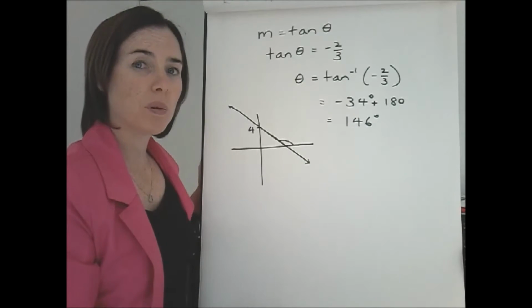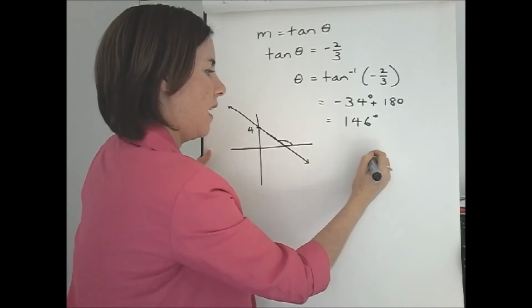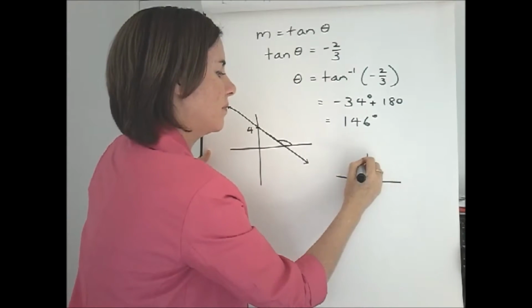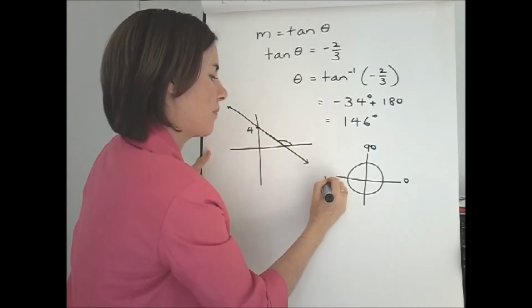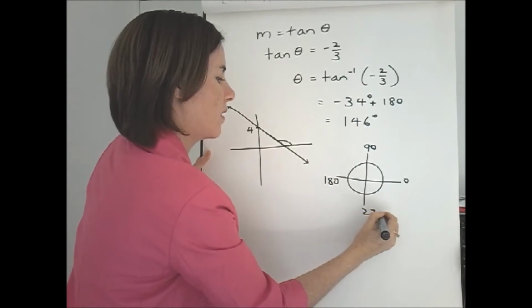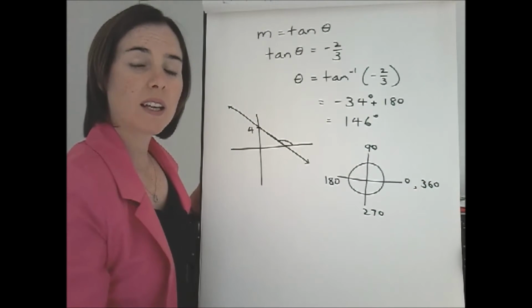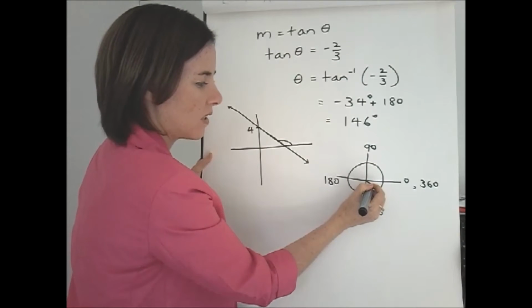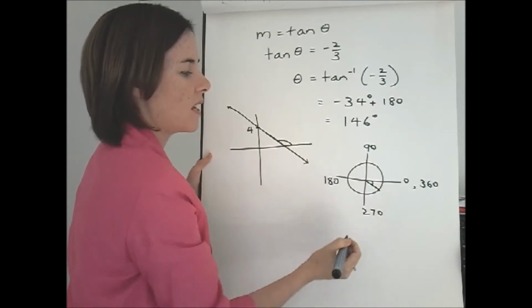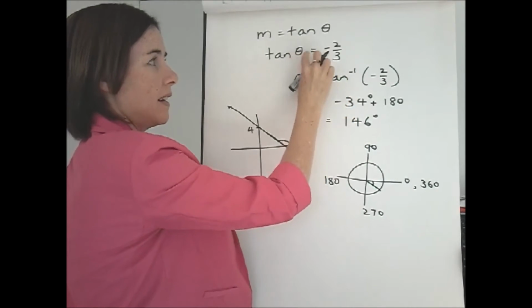But for those of you who would like more explanation and understanding, let's draw a unit circle. So I've got 0, 90, 180, 270, 360. The calculator quite correctly said it's negative something, negative 34 degrees. So it's there. But where else is tan negative?